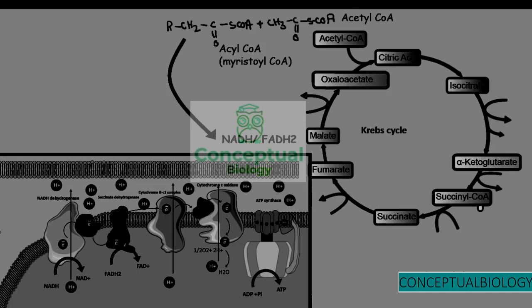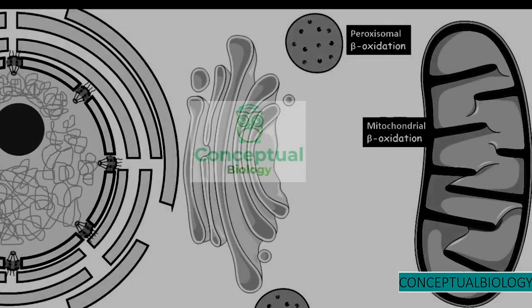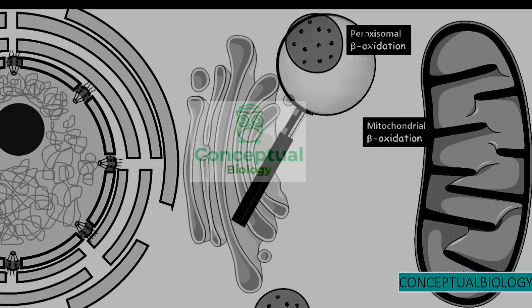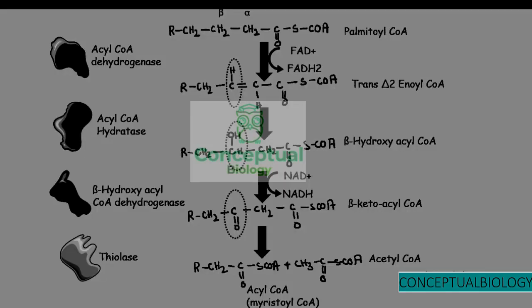Now we would learn a little bit about peroxisomal beta oxidation and try to appreciate how it is different from mitochondrial beta oxidation. Now all the enzymes that carry out the beta oxidation process in peroxisome are also very similar, but the only difference is, in case of peroxisomal beta oxidation, the FADH2 is not channeled into the electron transport chain.